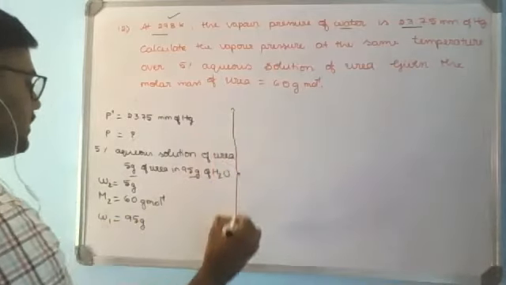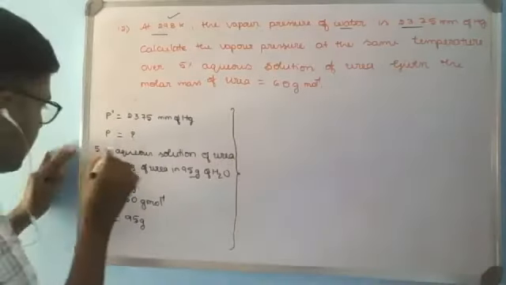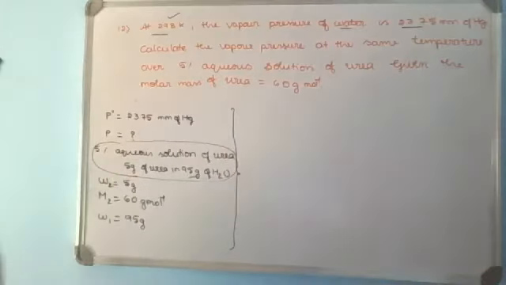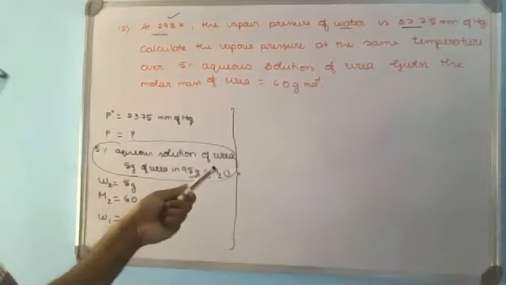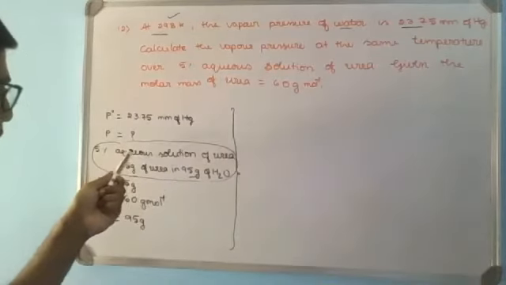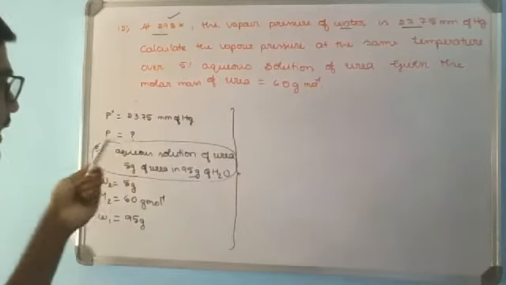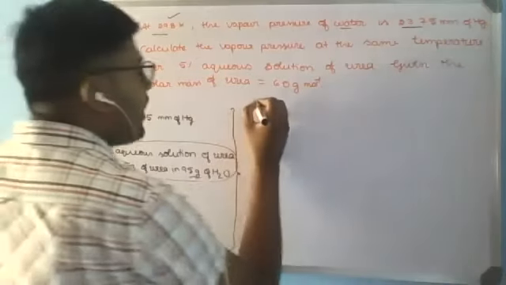Now with this information they are asking, what is the vapor pressure of the solution? This is the interesting information we need to observe carefully in the problem. 5% aqueous solution of urea, as it is prepared in water, is 5 grams of urea in 95 grams of water. We'll go with Raoult's law for relative lowering of vapor pressure.